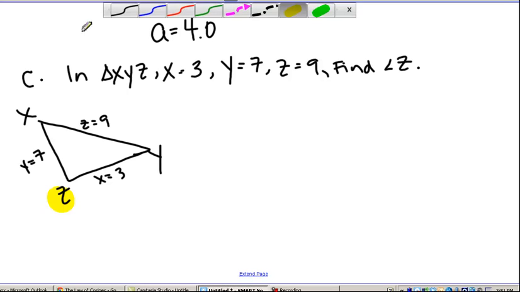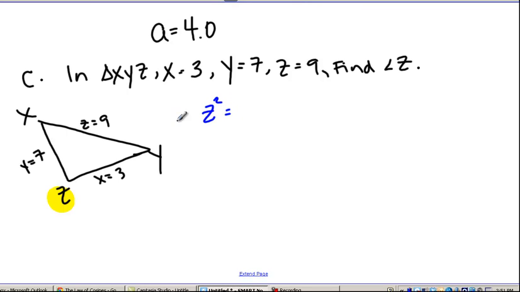Because they want us to find angle Z, that means I'm going to use the formula z squared, the side length squared, equals y squared plus x squared minus 2 times the two variables you just squared, so y times x, cosine of angle Z. Notice, whatever you take the cosine of is the angle that you're trying to solve for.